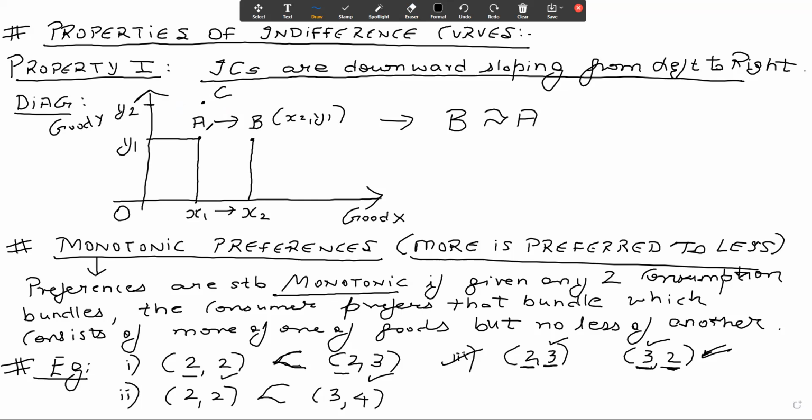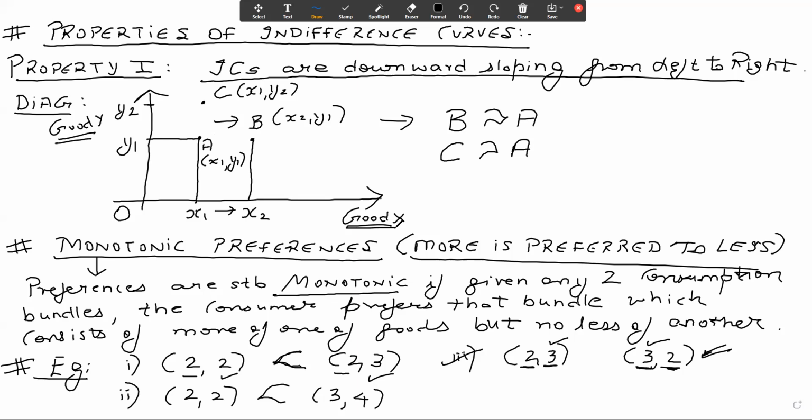The coordinates of A are (x1, y1). The coordinates of C are (x1, y2). Again, if you apply the concept of monotonic preferences here, you can clearly see that bundle C is preferred over bundle A, because C consists of more of good Y but no less of good X.